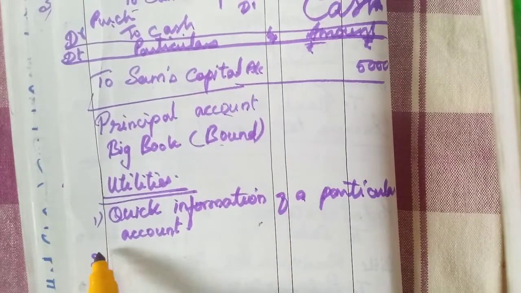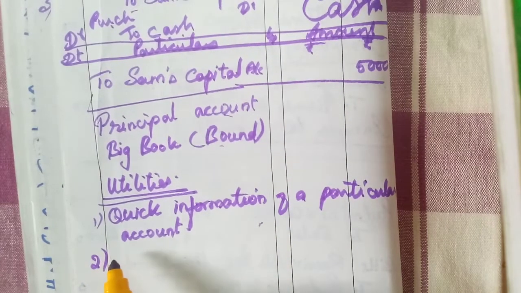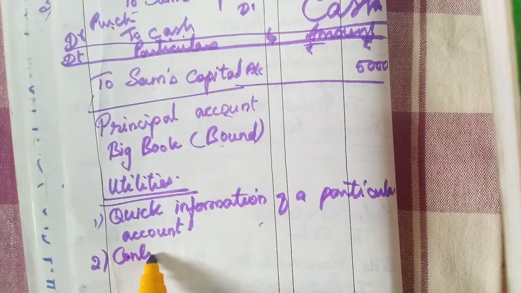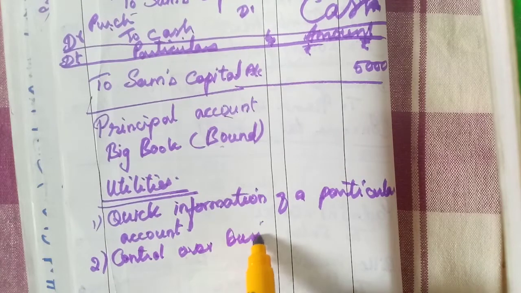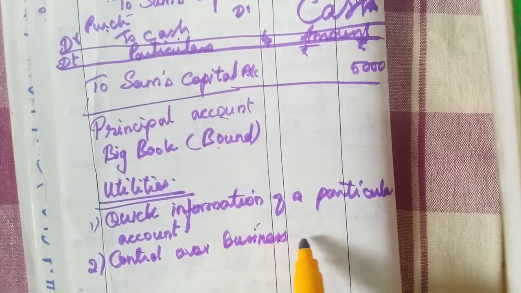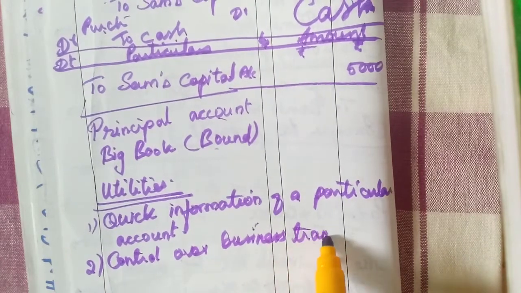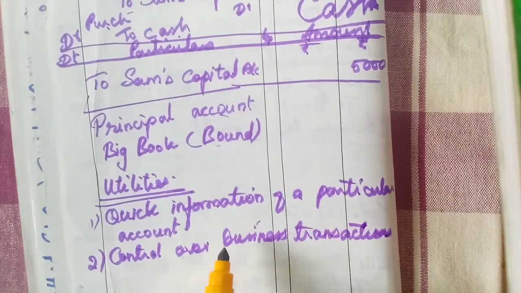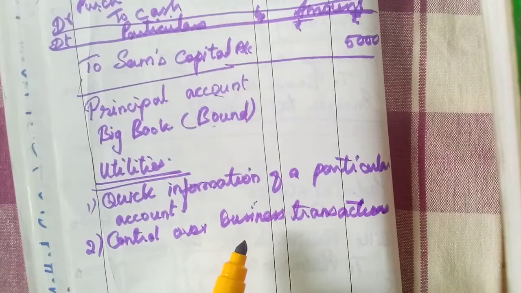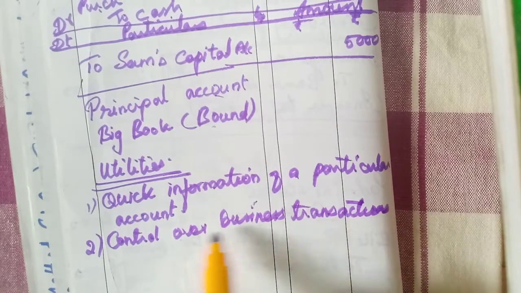Then the second point is control over business transactions. Here, all the business transactions can be entered in one place, isn't it?